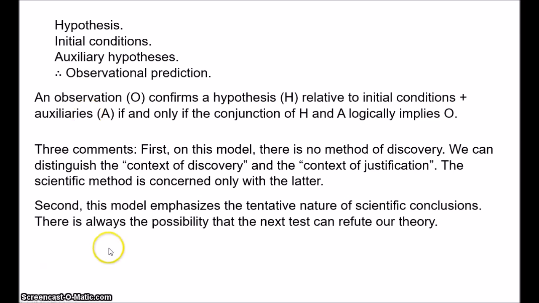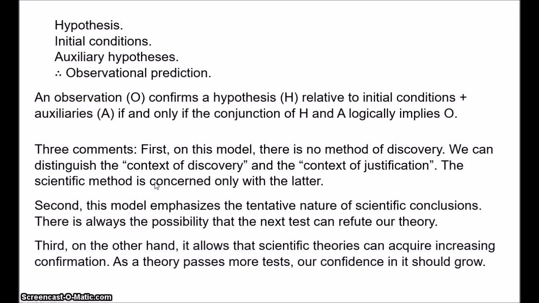On the other hand, a third thing about this is that it does allow that scientific theories can acquire increasing confirmation. As the theories pass more and more tests, they are increasingly well confirmed. So our confidence in them should grow. Observations that match the predictions of a hypothesis support that hypothesis or lend credence to that hypothesis.